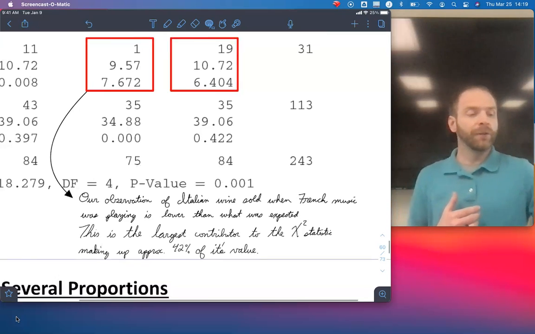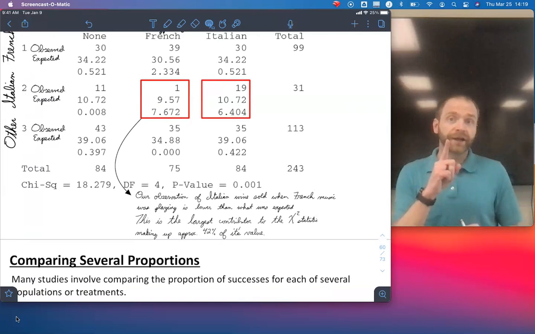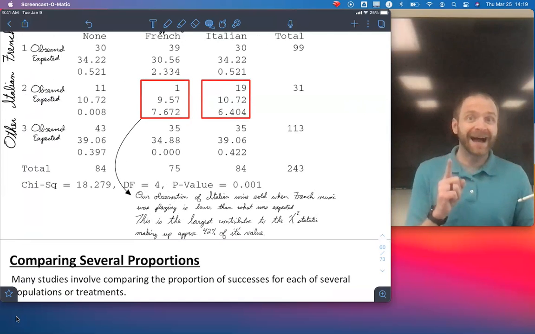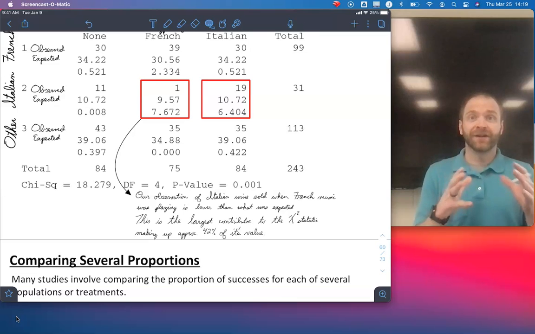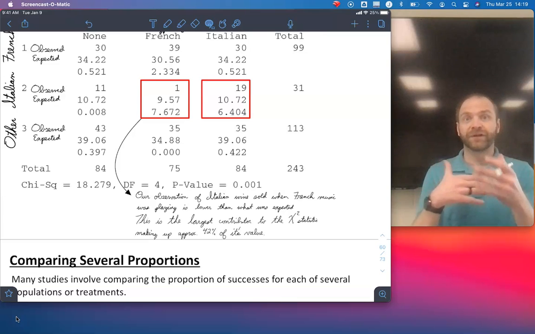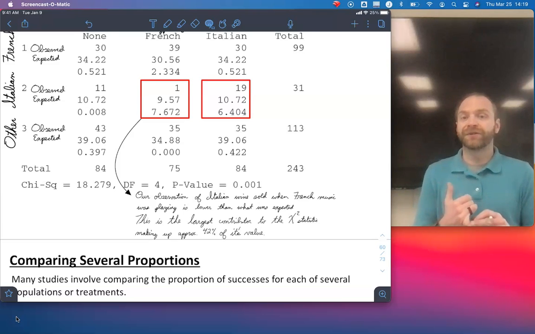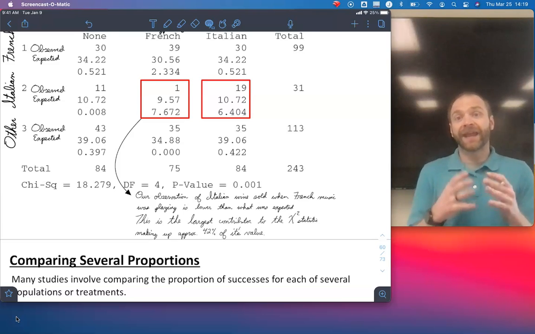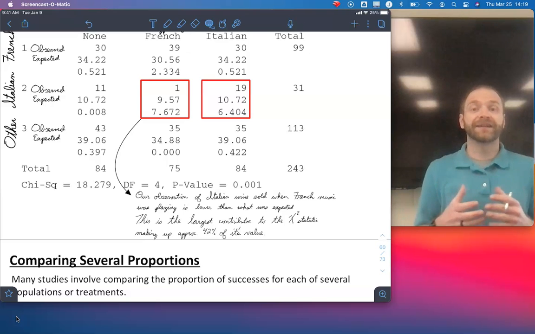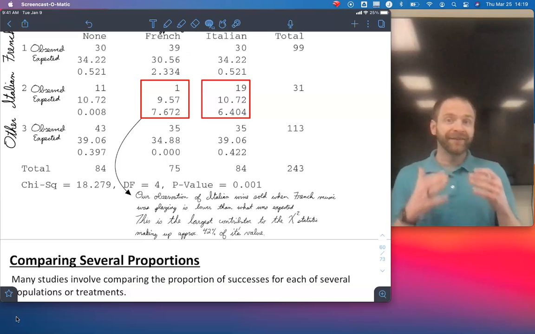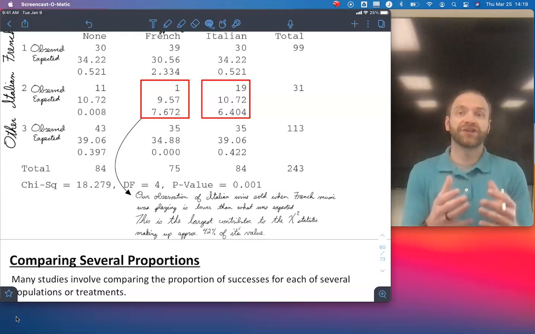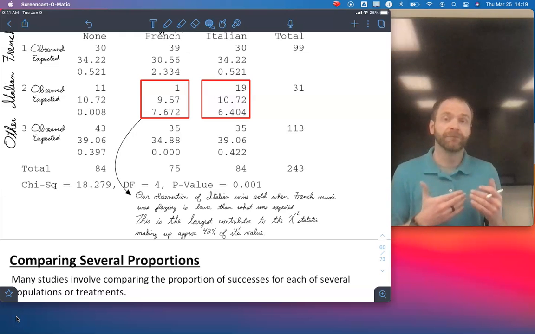If you look at what we observed, 1, but we expected 9 if it was the same across all the different treatments, it's extremely low. So the largest contribution to the chi-square statistic came from that, and it made up 42% of the value. But we have to keep in mind that we have to state the direction. It was lower than what we expected.